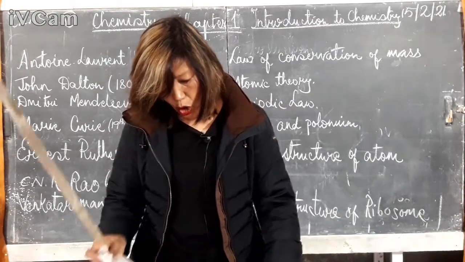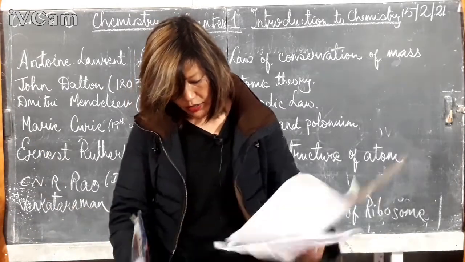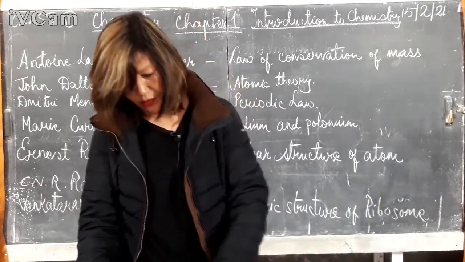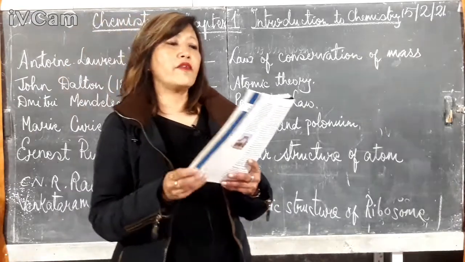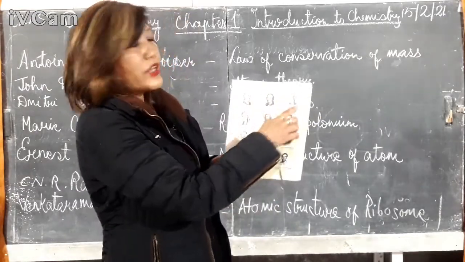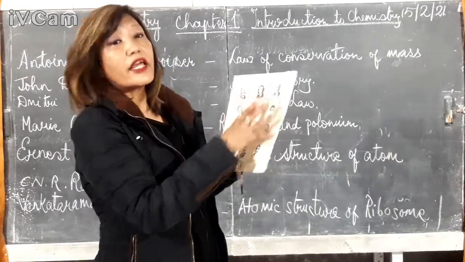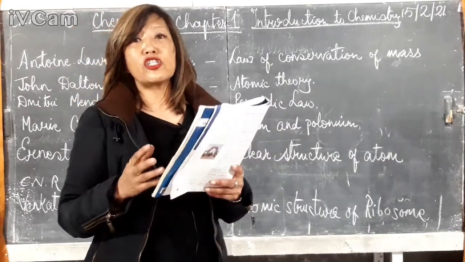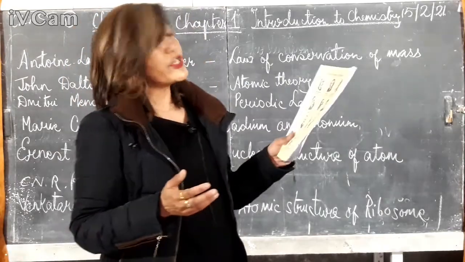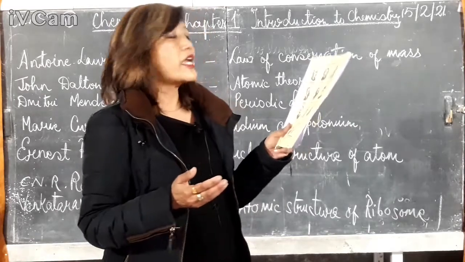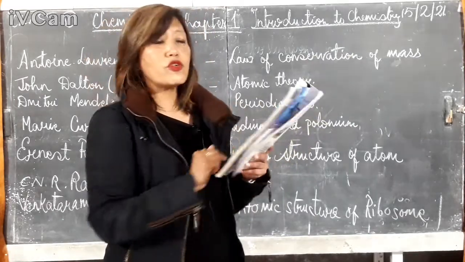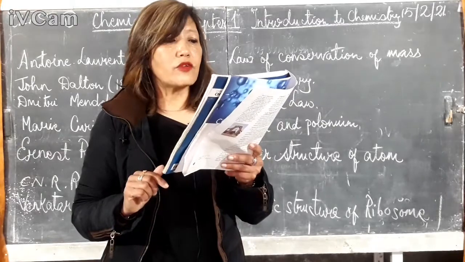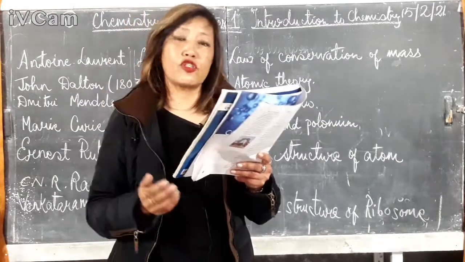Then children, on page 5, you can see the great minds of chemistry and their inventions. Let me read out for you. Henry Cavendish produced hydrogen and carbon dioxide in the laboratory.